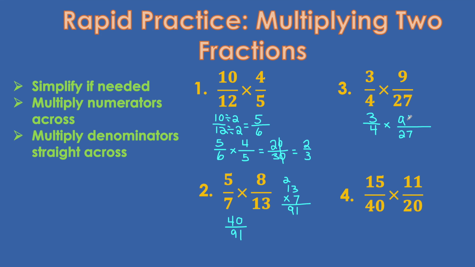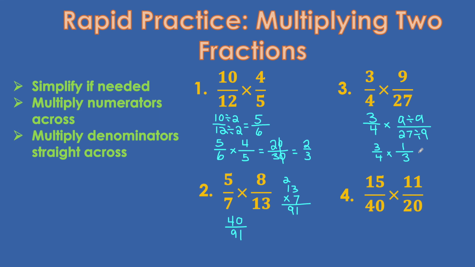Divide top and bottom by the greatest common factor, which would be 9. 3/4 times 9 divided by 9 is 1. 27 divided by 9 is 3.